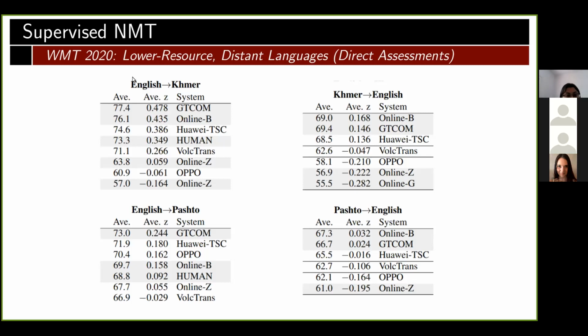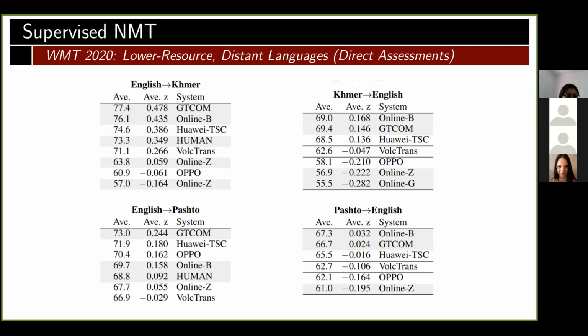The best system for English-Gujarati, I don't know how it's pronounced, is close to 80, also 77%. It's lower for Pashto, it drops 4 or 5 points, and a bit worse going into English. What we see here is that the language pair is difficult, and it's difficult not only for machines, but also for humans.